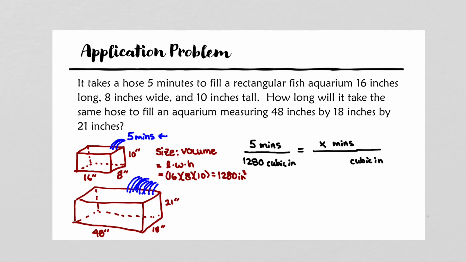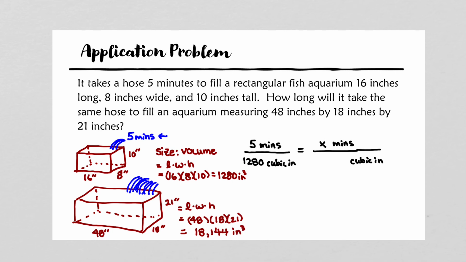and now let's calculate the volume for that second aquarium. That second aquarium has a volume, again, length times width times height, and that is 48 times 18 times 21. Pulling out a calculator and multiplying 48 times 18 times 21, we get that this volume is 18,144 cubic inches.